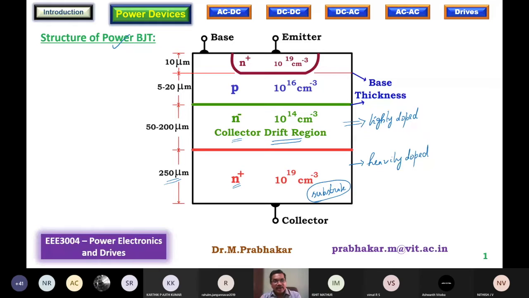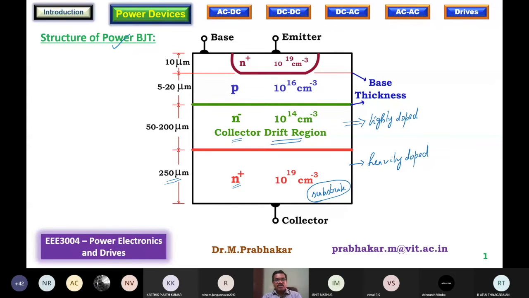So the drift layer should be lightly doped and it should be thick in size or wide, because it has to support the growth of the depletion layer. Only then will voltage rating, voltage blocking capability occur. These are the 2 reasons. I am not writing this down because I want you to concentrate on my lecture and understand certain things.